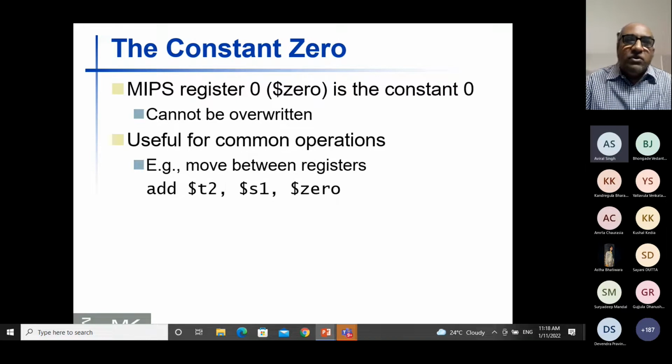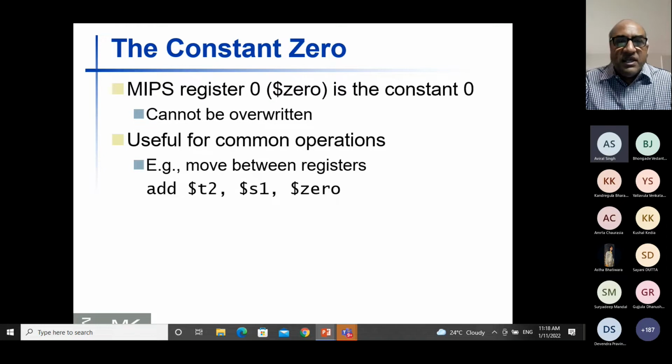Even if you add something to the 0 register and try to place the result back in the 0 register, it will not allow it. This register is used just to take the value 0, so in that case you can use the 0th register.